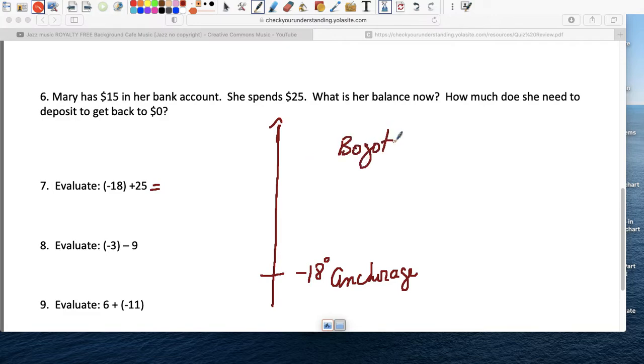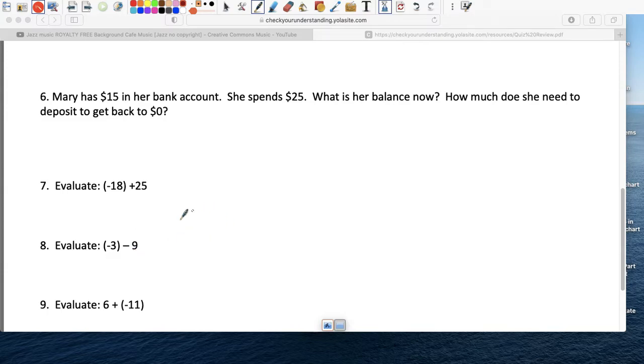And the temperature in Bogota is definitely warmer, so it's going to go up, right? And that's what this is showing us. It's going to go up plus 25. So when you land in Bogota, what is the temperature? And it's 7. So that's a scenario that you can think about. All right. Next one, -3 and -9.